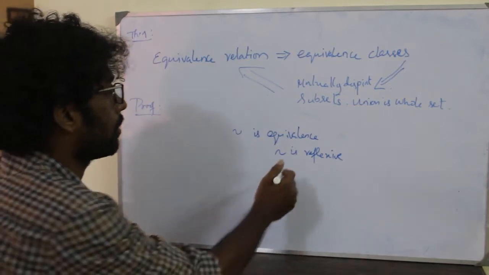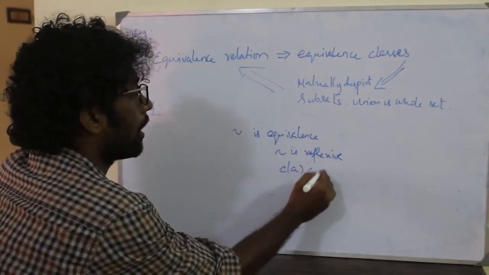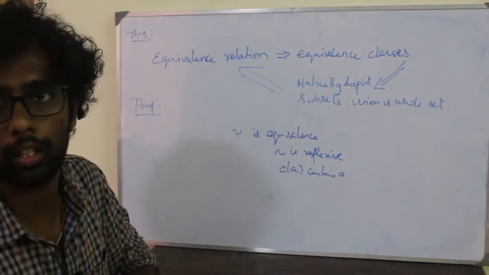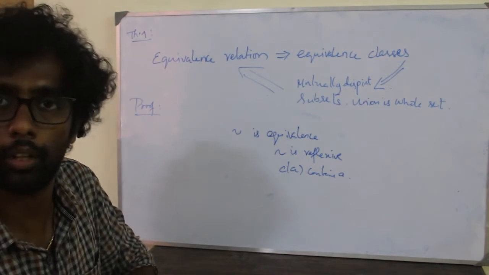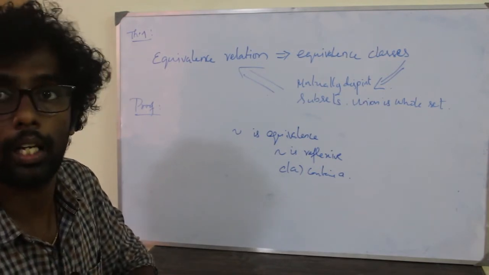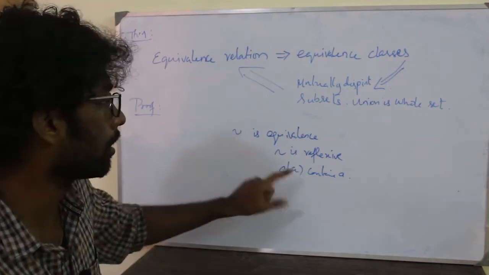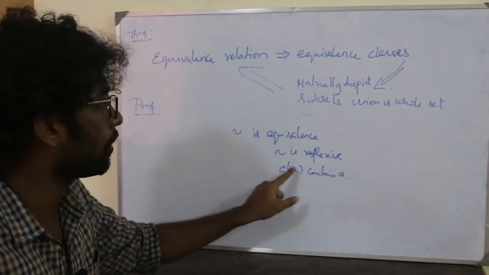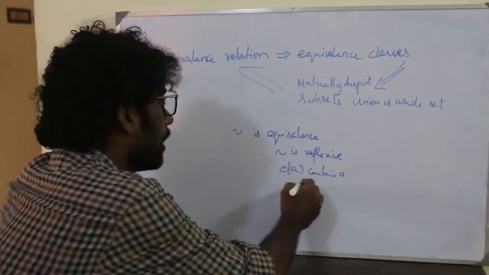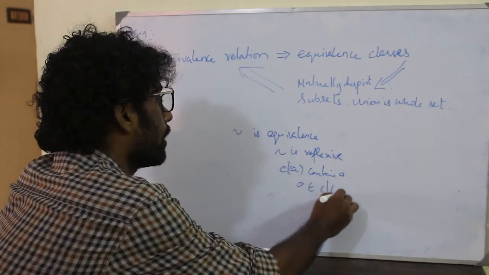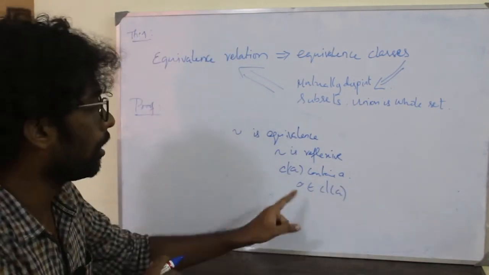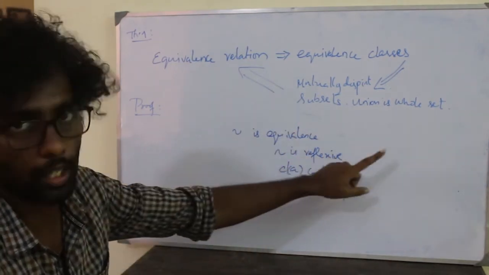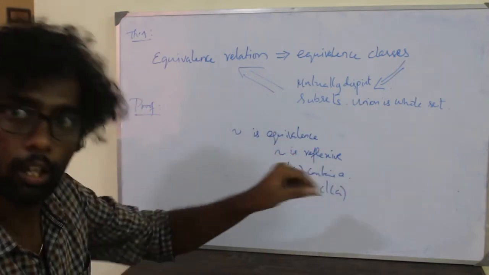Since tilde is reflexive, CL of A contains A. Since A is related to A, and CL of A is the set of elements related to A, A belongs to CL of A. Similarly B belongs to CL of B, C belongs to CL of C. If you take each element from the set A, that element will be in its equivalence class.